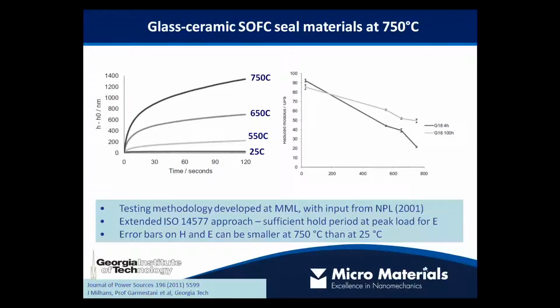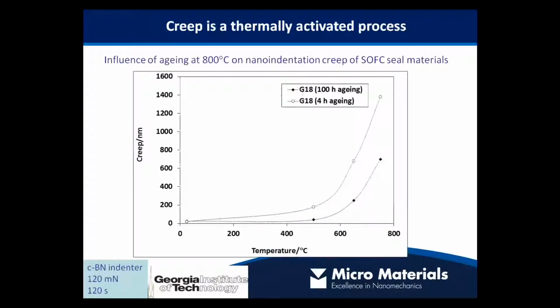So first of all, what we see in our chart here of reduced modulus versus temperature, is that the aging process at 100 hours has actually reduced the response of the material to changing temperature in terms of the way its reduced modulus changes. If we actually have a look at the creep data, what we have here is a chart that shows us the change in depth in nanometers under the maximum load.